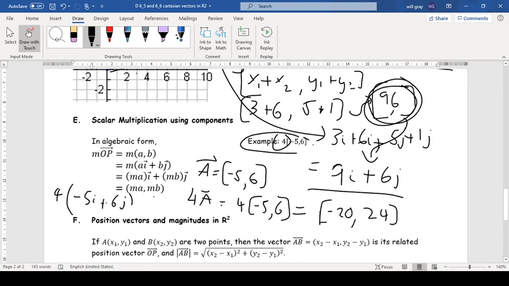Since I'm running out of space here, I'll move up and say what you'd get is negative 20i plus 24j. And that would be an equivalent vector written with the standard basis unit vectors, okay? So this and this mean the same thing. They're just written in a slightly different form.